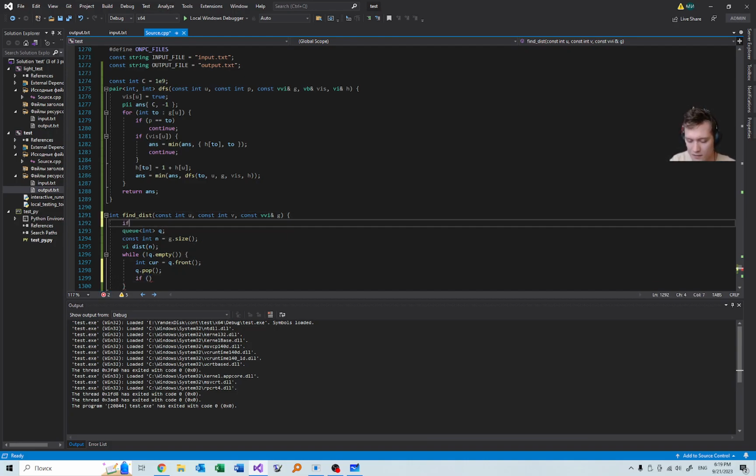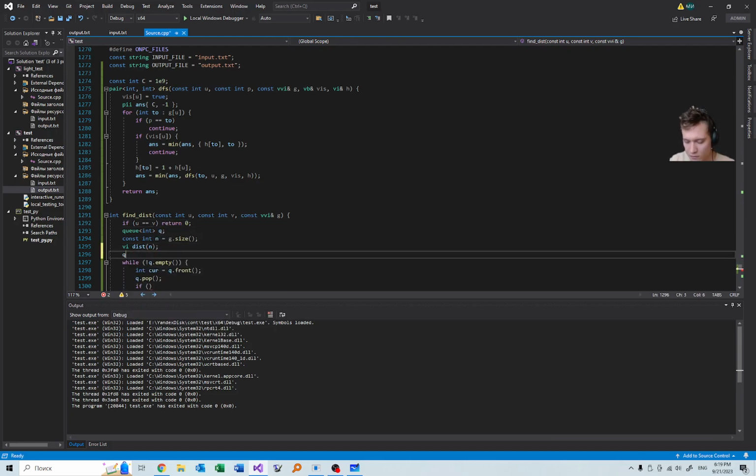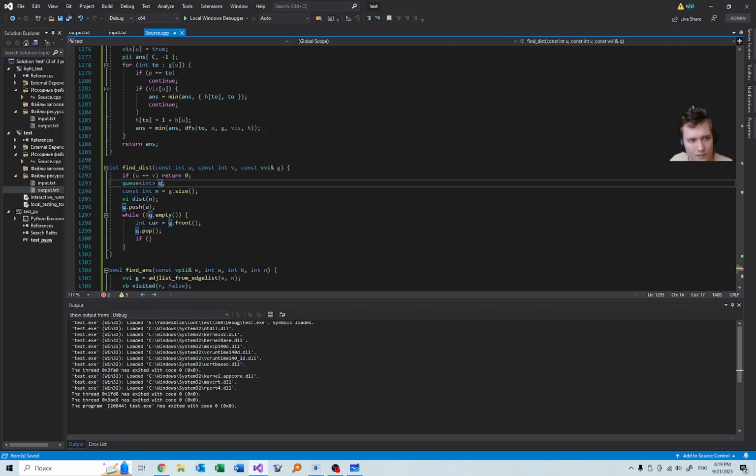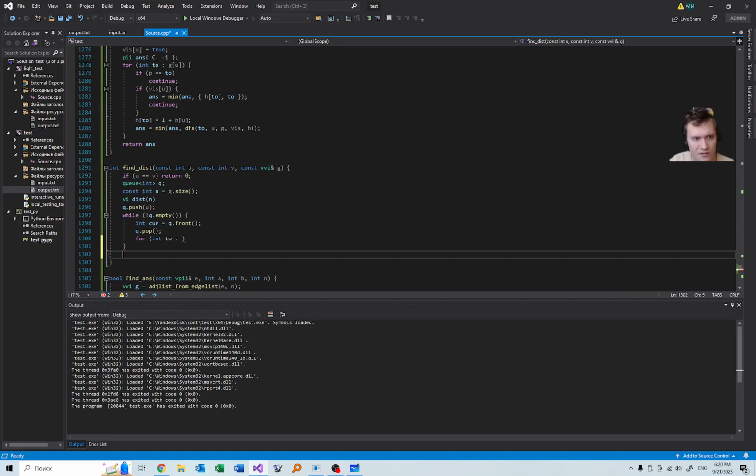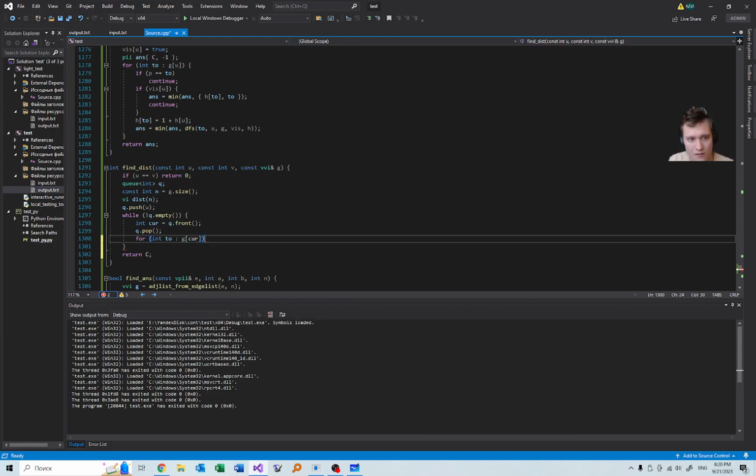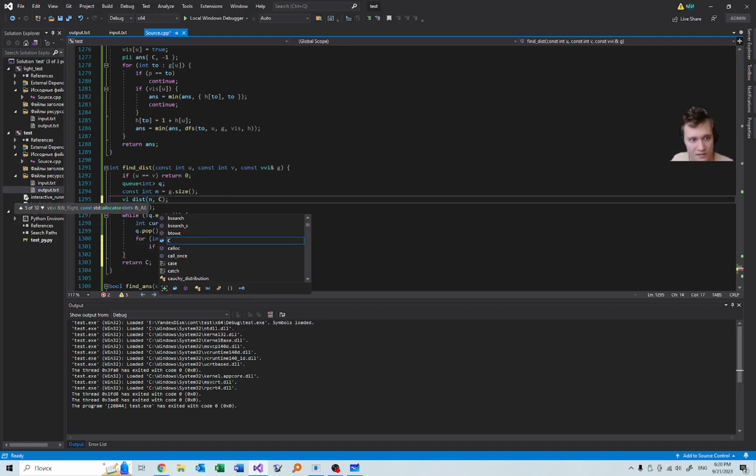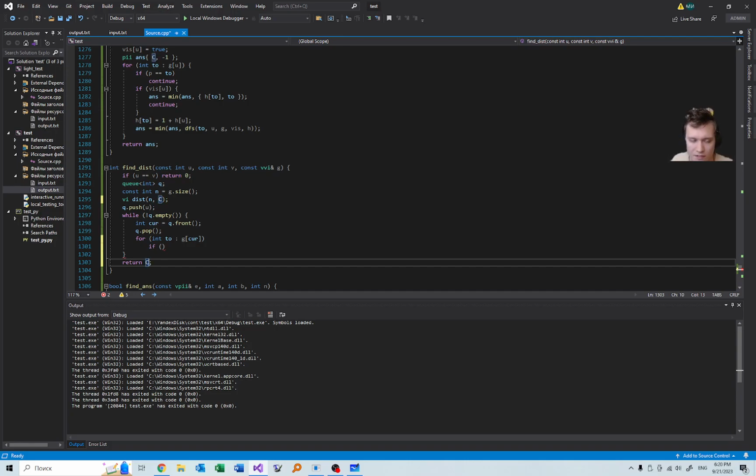I can say here that if q equals, we return 0. Here I say q dot push a. No, q dot push u. Then I go for int 2 through g of current, and I can return c actually.